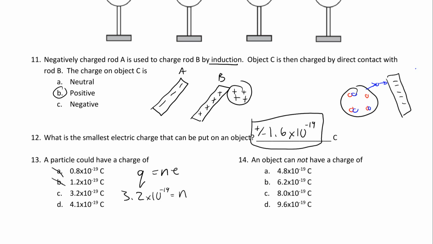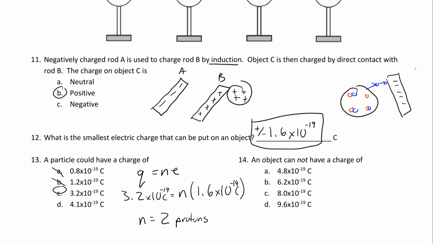It can't be a decimal because it has to be either 1, 2, or 3 electrons, and the charge for each electron is 1.6 times 10 to the negative 19 coulombs. So you do the division, and you get exactly 2 electrons or 2 protons. In this case, since they said a positive charge, let's say 2 protons.